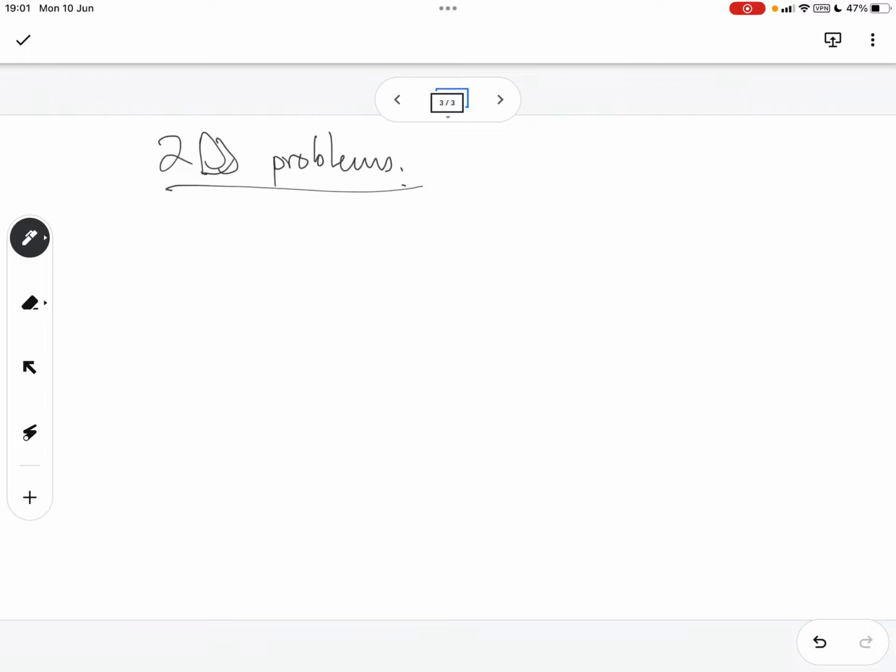So a dimension is something that we measure. Something that we can measure. It's a measure of a spatial extent, especially width, height, or length.